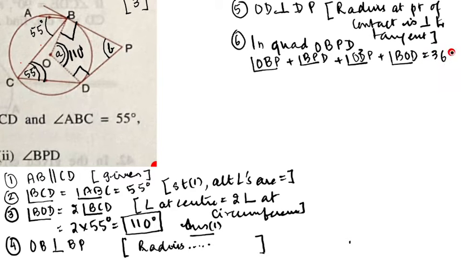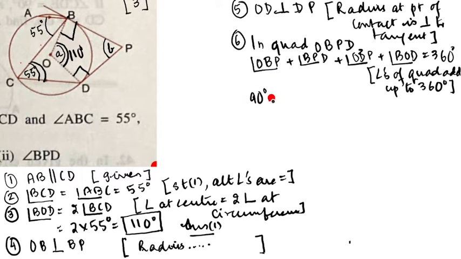equals 360 degrees, and this is because angles of any quadrilateral add up to 360 degrees. Okay, so OBP is 90 degrees here, plus BPD, we do not know, we have to find it, plus ODP, which is again 90 degrees, and plus BOD, which is 110 degrees.